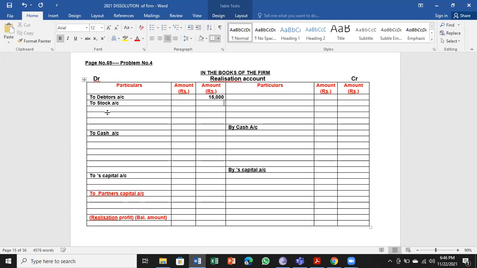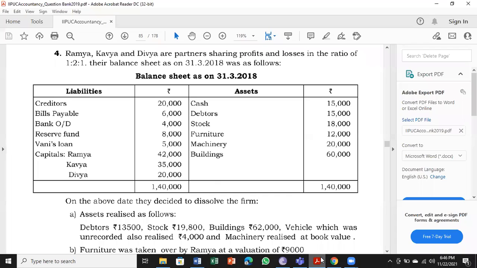To stock account, 18,000. To furniture account, 12,000. Two more assets are there, machinery and building, 20,000 and 60,000.